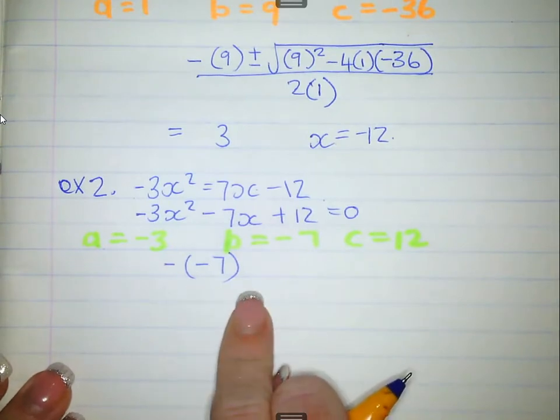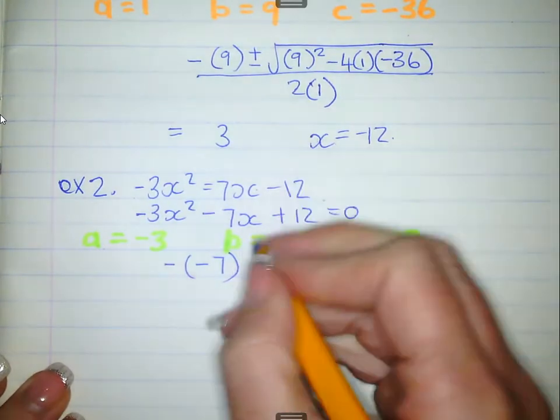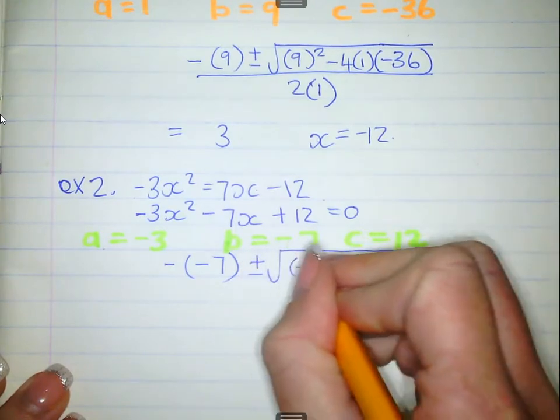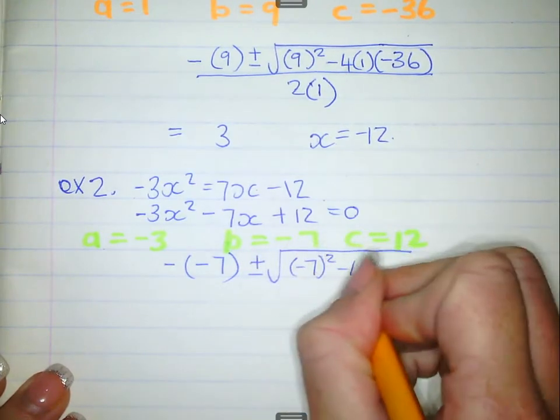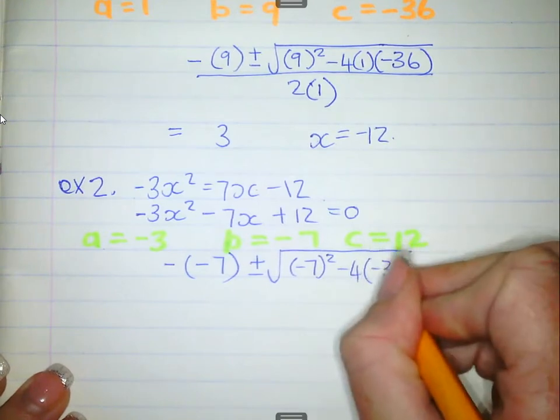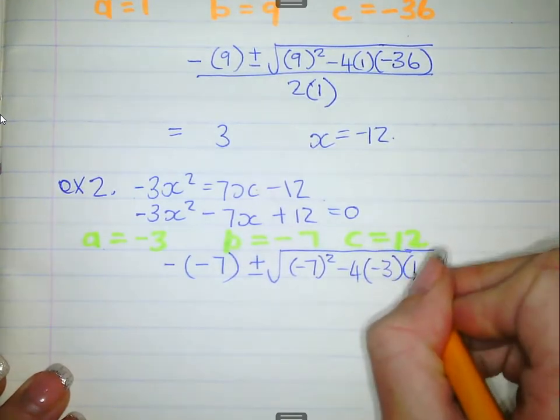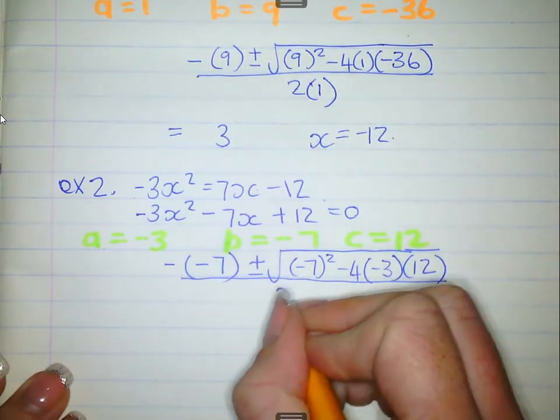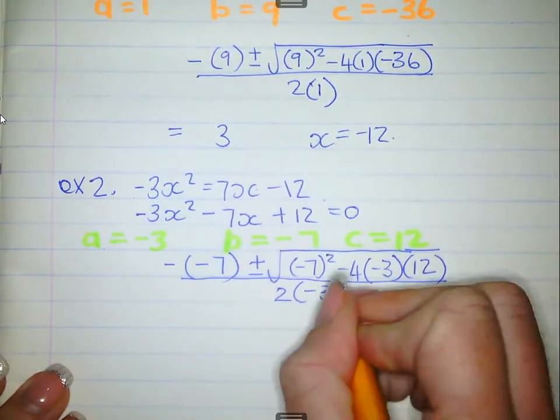Don't forget that double minus. Plus minus the square root of -7 squared minus 4 times -3 times 12, divided by 2 times -3.